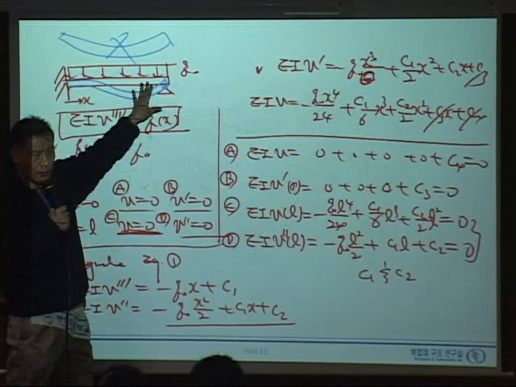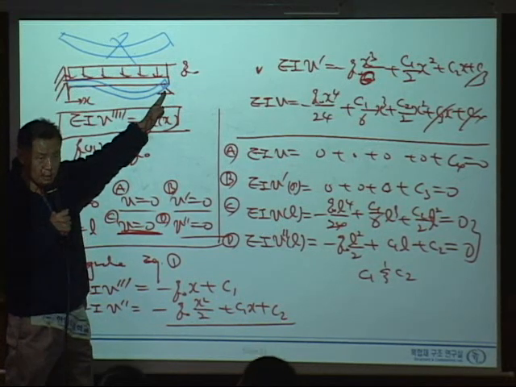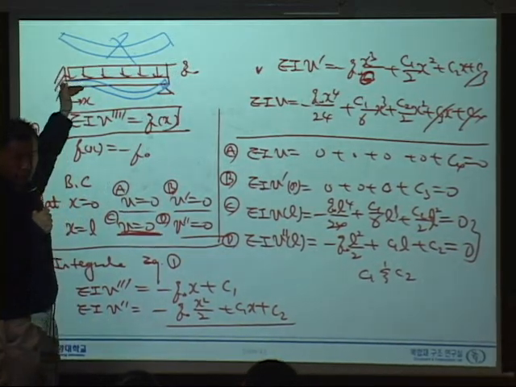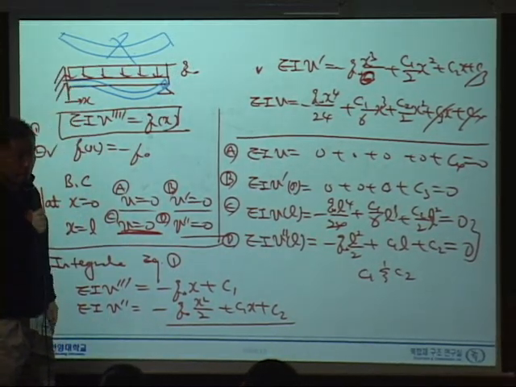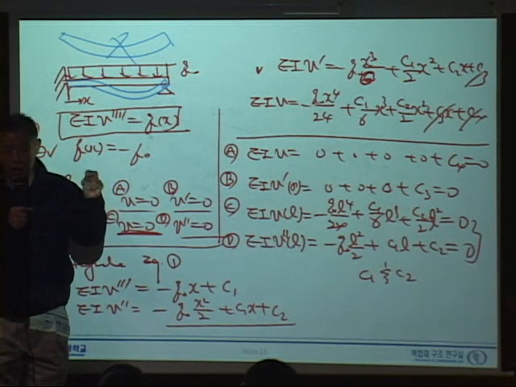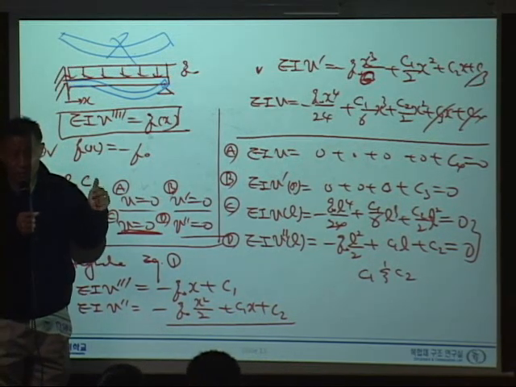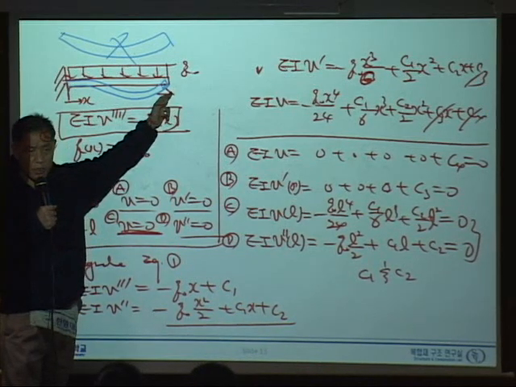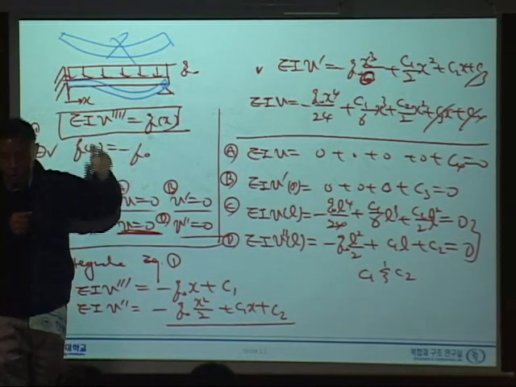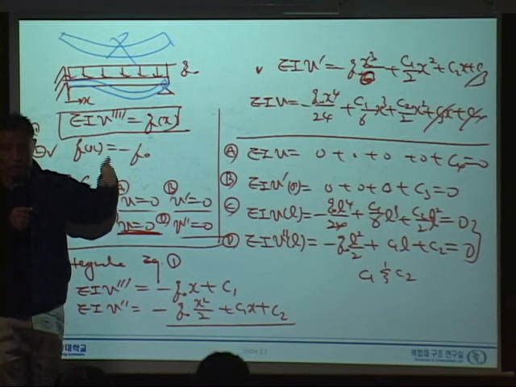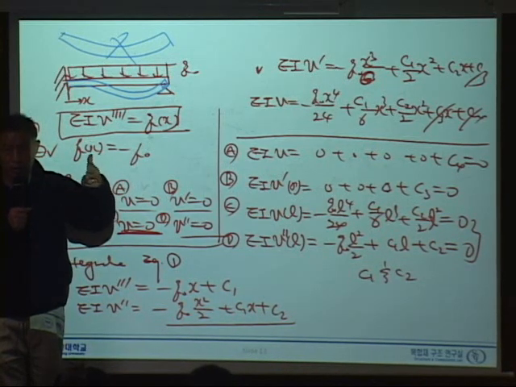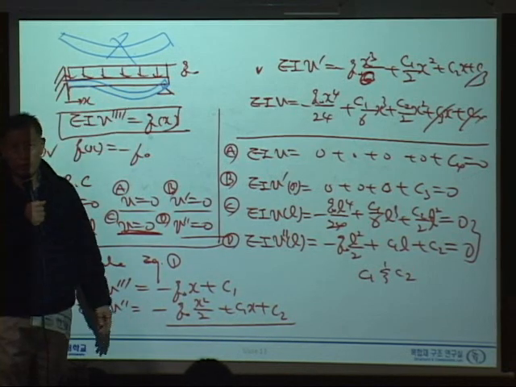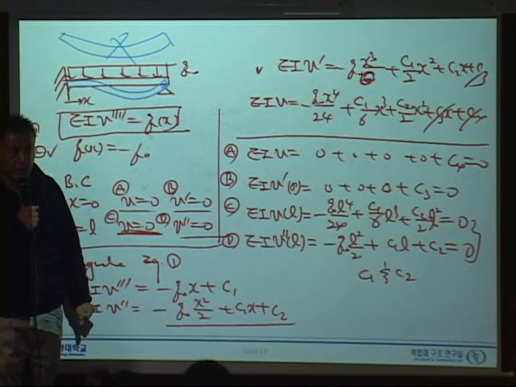The major difference is the angle. Here the angle is nonzero, and here the angle is 0. Okay? If you are asked to sketch the deflection, you have to have this sketch. In the final exam, you will be asked to draw a sketch of deflection. Then you should be able to draw this kind of deflection. Okay?